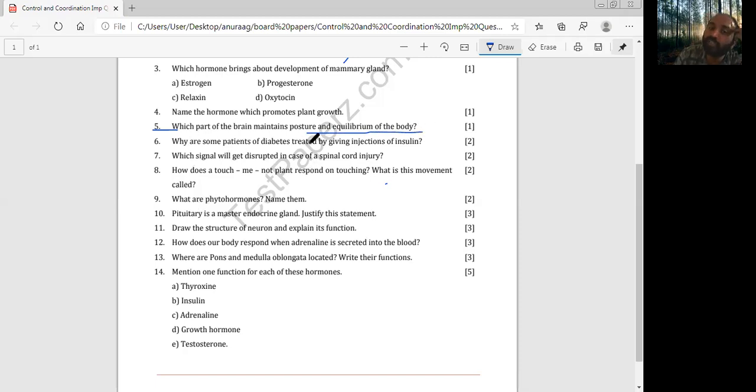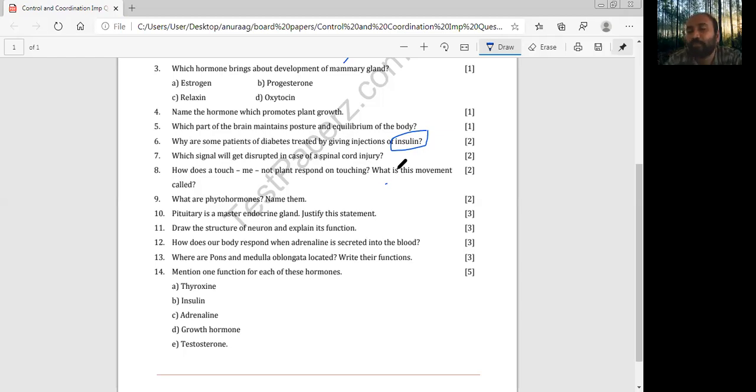Why are some patients of diabetes treated by giving injection of insulin? See, insulin is a protein which has the function to control the sugar level in your body.